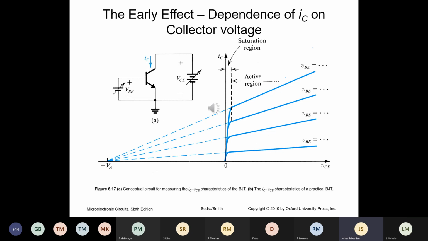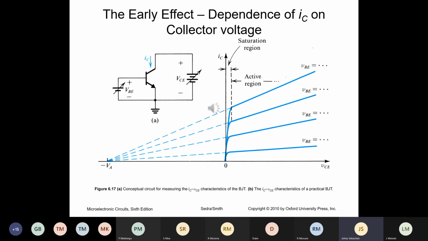Now we are going to see something called early effect. That is the dependence of collector current on collector voltage. We have seen something similar yesterday, VCE versus IC.